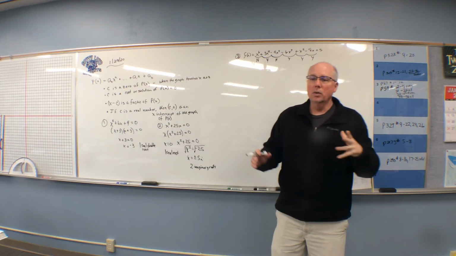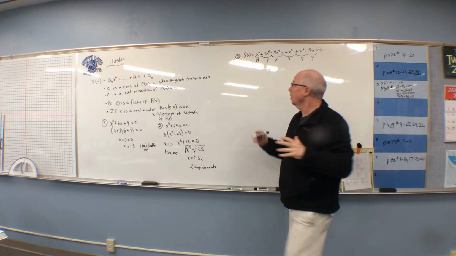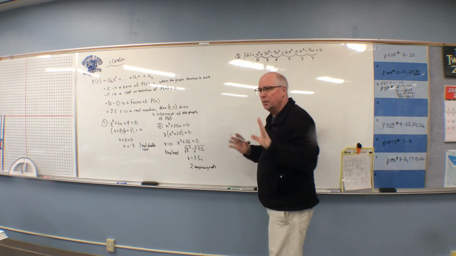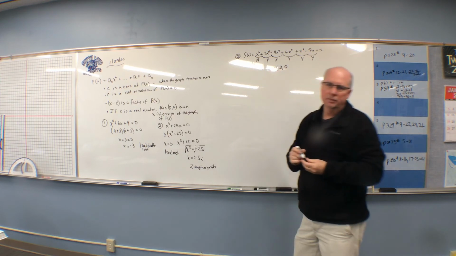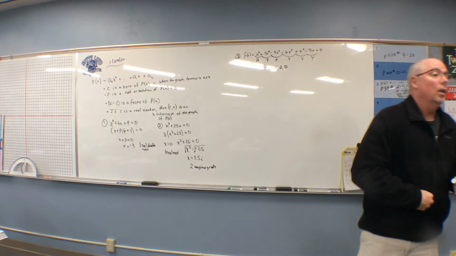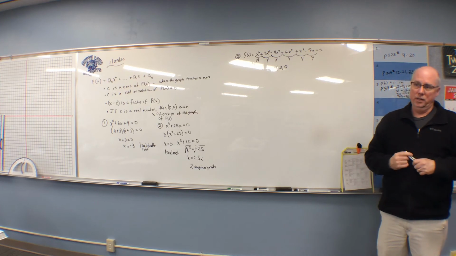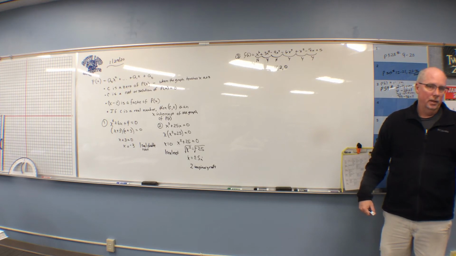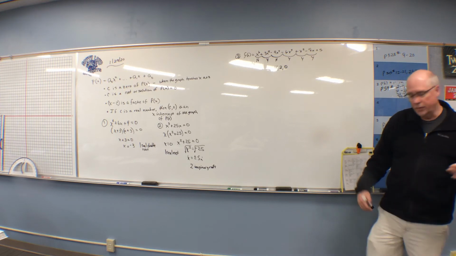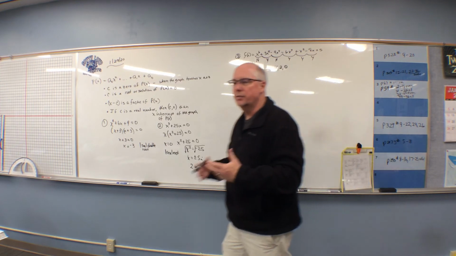So the number of positive roots is 4 or an even number less than that: 2 or 0. Let's say I would have gotten 5 yeses. Then my options would have been 5, 3, or 1. If it's 10, it'd be 10, 8, 6, 4, 2, and 0.